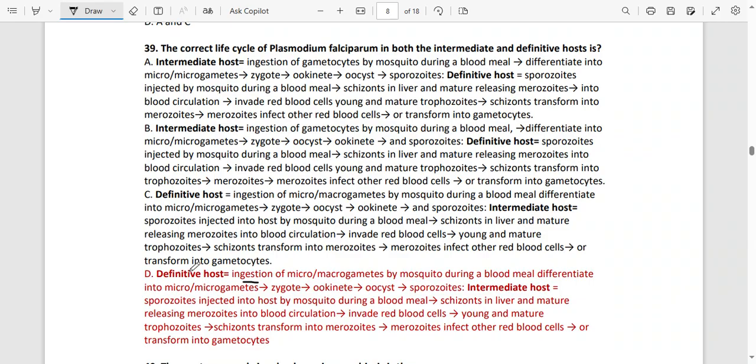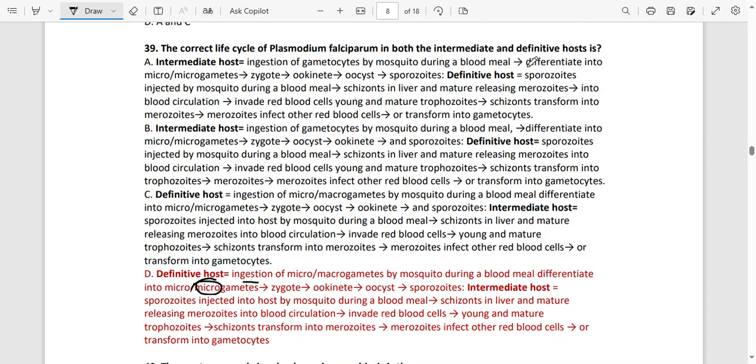I've now seen this D, which I've picked. This is not saying microgametocytes. Okay, I'm going to go back to A and check it. It's supposed to be microgametocytes first. Ingestion of gametocytes by mosquito during a blood meal. Differentiate into micro and macro gametes, zygote, ookinete, oocyst, sporozoites.